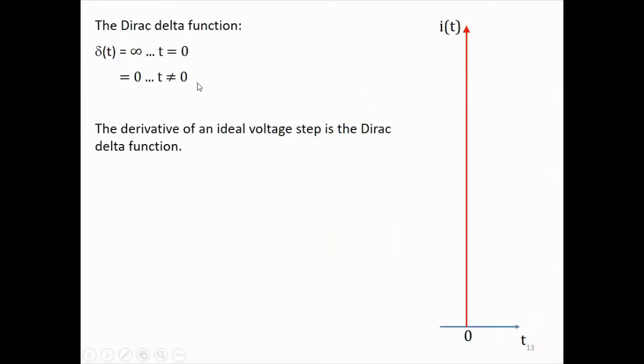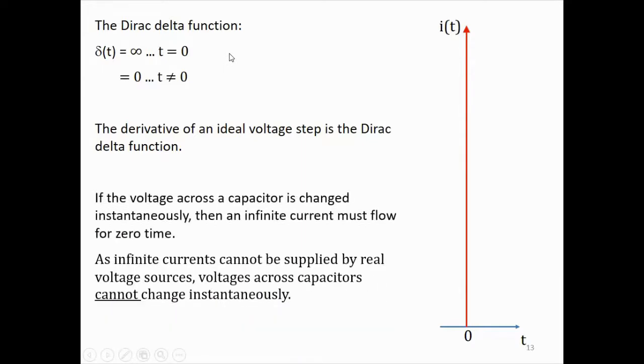So this function, the function which is the I, which is 0 for t less than 0, 0 for t greater than 0, but it is infinity at t equal to 0, is called the Dirac delta function. This is a mathematical function that appears in many different physical systems. So one of these is this capacitor.